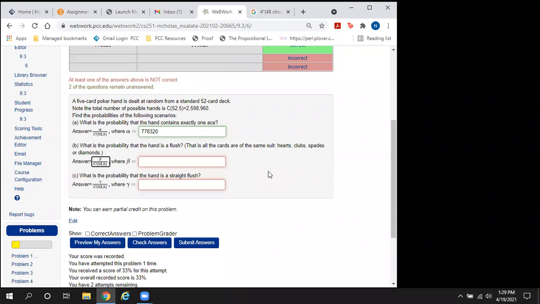So you have to think about what you can pick, right? What different things do you get to pick if you were gonna construct all the different flushes? There's a few different things you'd have to pick in order to get that flush. So what's the most important thing you'd have to pick?